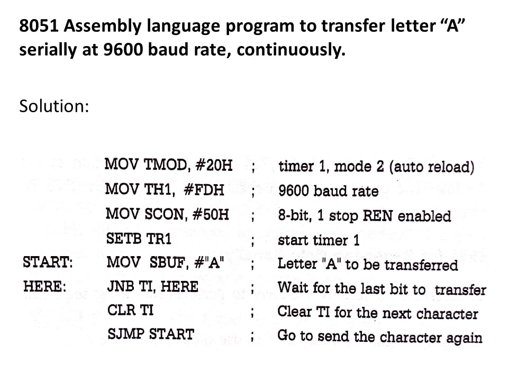The next step here is MOV TH1, that is timer 1 register, with the immediate value FDH, because our requirement is the baud rate should be 9600. To achieve this, as we have seen earlier, the TH1 register should be loaded with the immediate value FD in hexa.